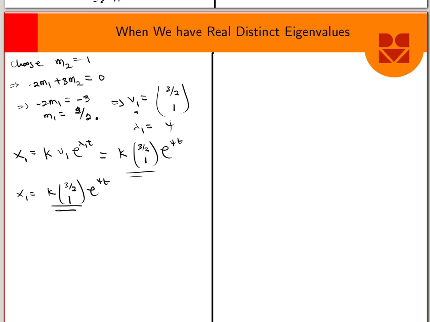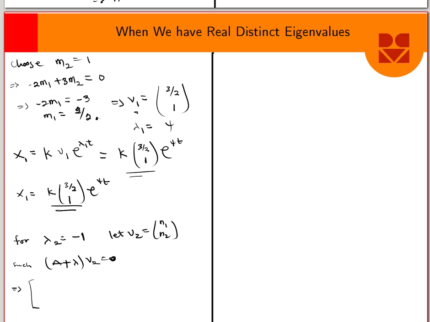Now let's find the eigenvector for the second one. You can pause the video and try it. So for lambda 2 equals negative 1, let our v2 be equal to a certain n1, n2, such that A minus lambda becomes plus, so A plus I times v2 should be equal to 0.